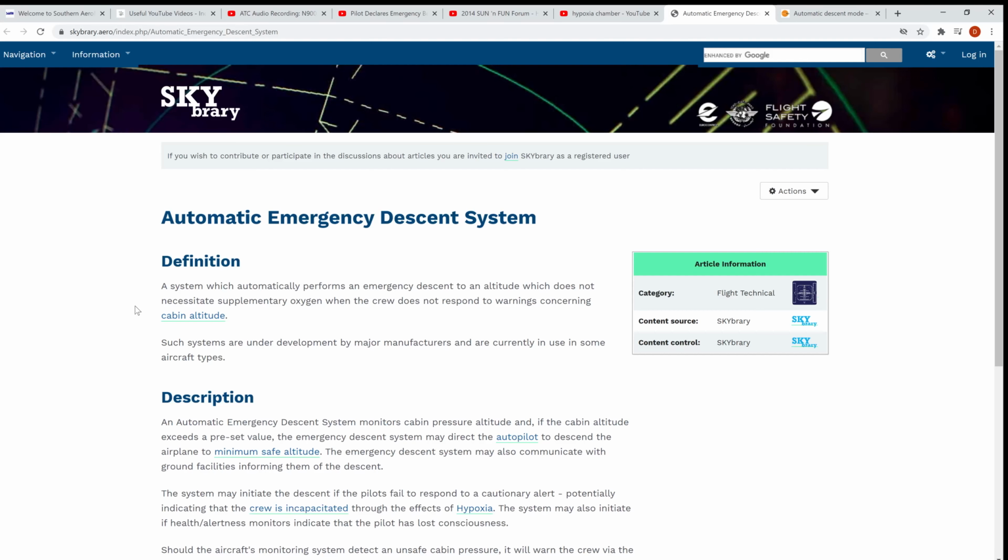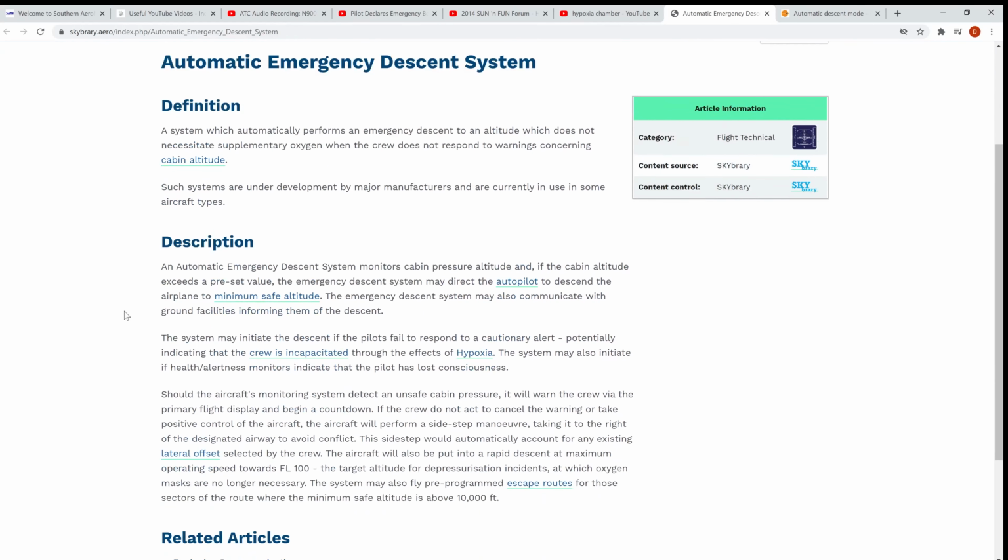And if the pilot doesn't respond appropriately, then this kind of system can kick in. Generically, it monitors cabin pressure altitude, and if the cabin altitude exceeds whatever preset value that particular manufacturer has set, then the descent system may direct the autopilot to descend the airplane to some minimum safe altitude. It says it may communicate with ground facilities informing of the descent.